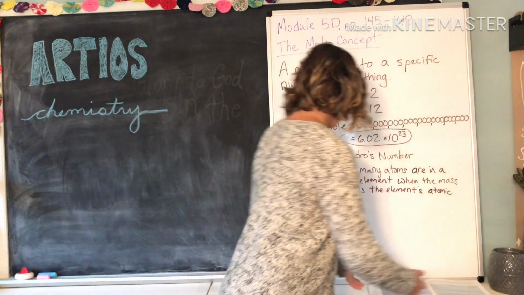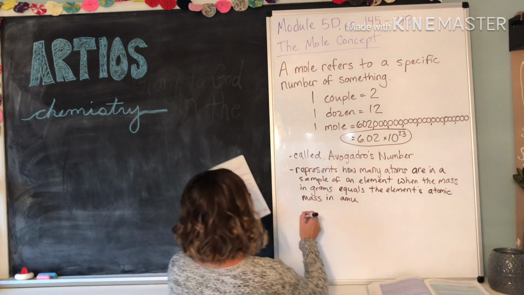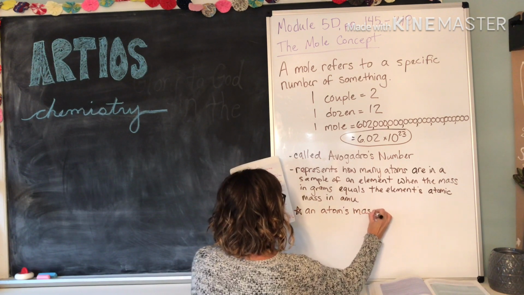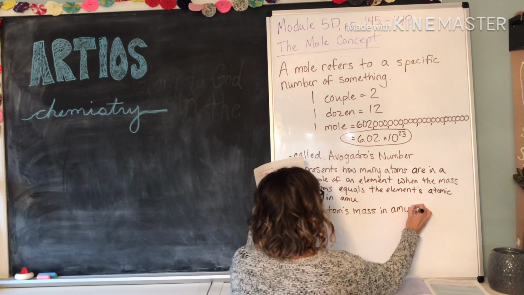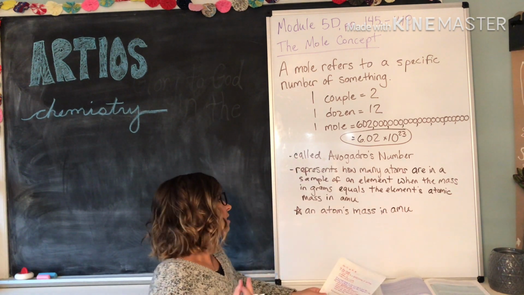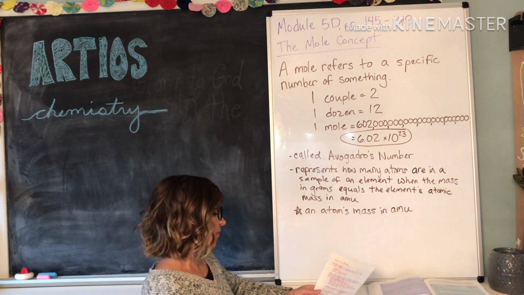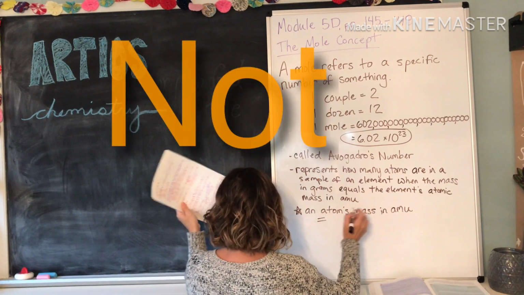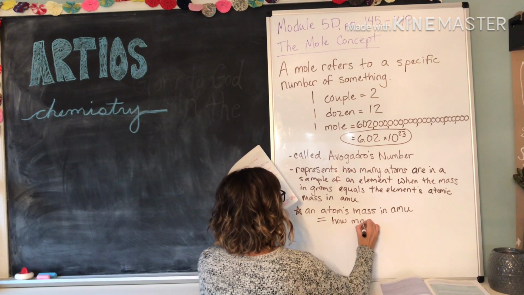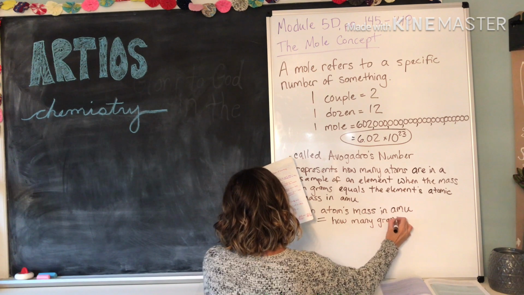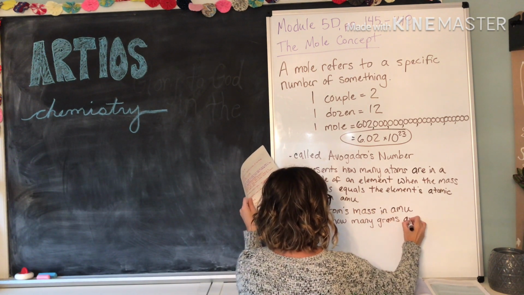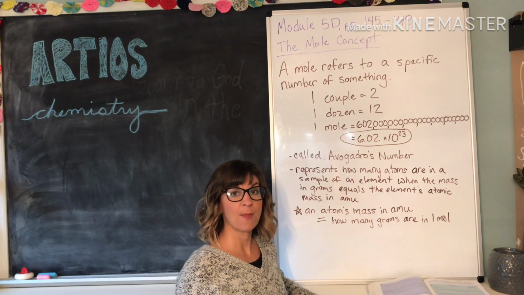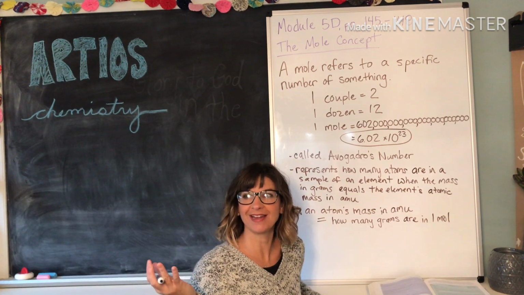Okay? Let's write that down and see if it makes any more sense. So, an atom's mass in AMU, okay, so just like carbon, we saw that carbon's atomic mass in AMU was equal to 12.0, equals how many grams are in 1 mole, and notice that mole is often abbreviated MOL, because think of the time that you're going to save by not writing the extra little e.